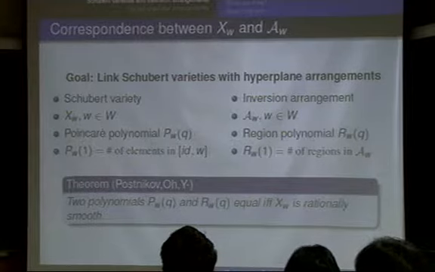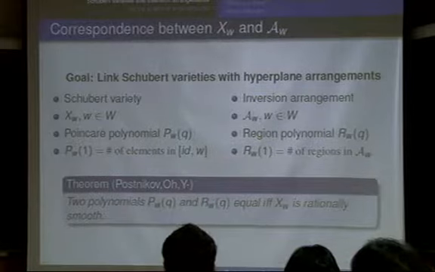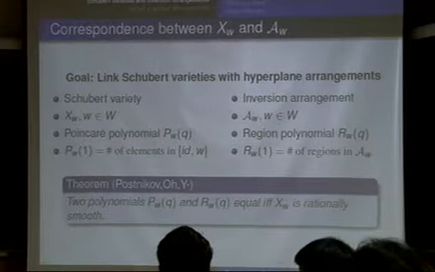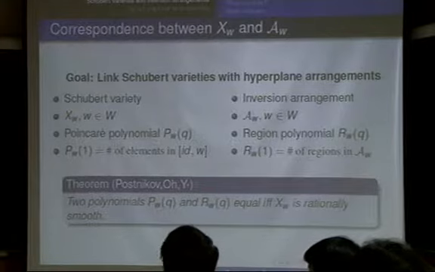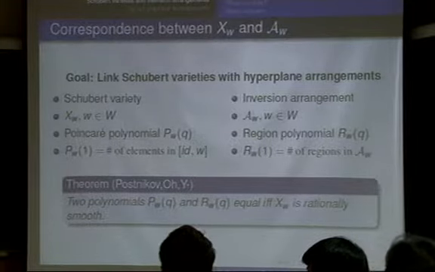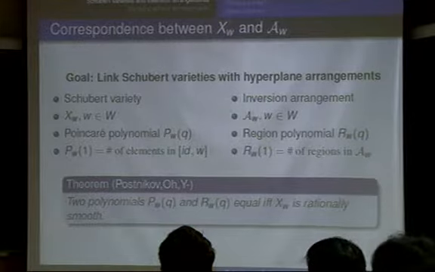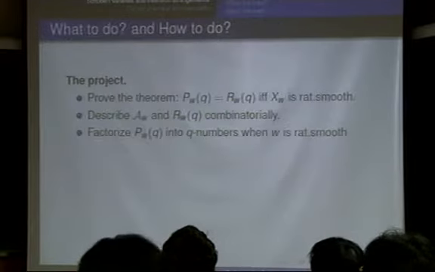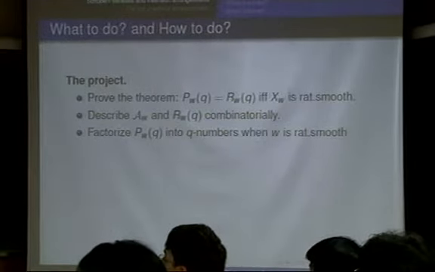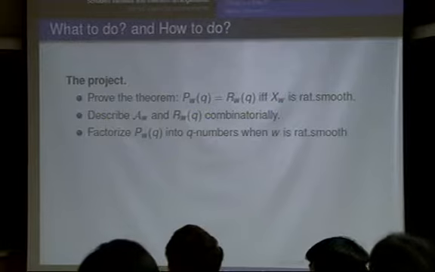Our result is that these two polynomials are equal if and only if this Schubert variety is rationally smooth. Probably you're more familiar with the concept of rationally smooth than I am. What's the definition of rationally smooth? I'll explain shortly. That was the introduction.